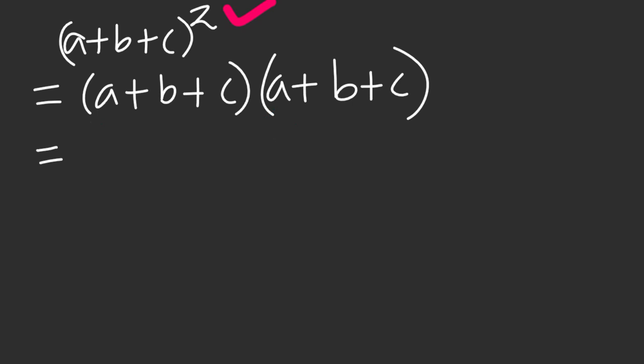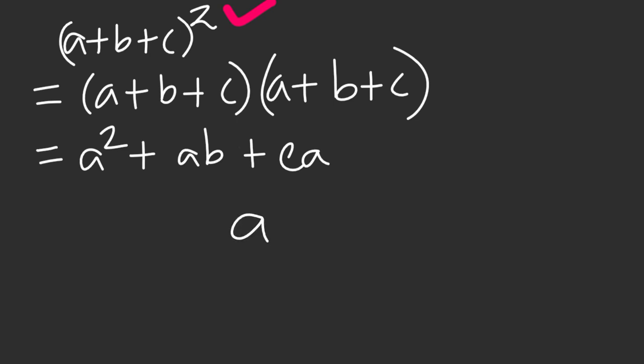A into a square, a into b, ab, a into c, ac, but I will write ca. I always follow the symmetrical order, and you also follow, things will become more easier. That means a, then b, then c. From a to b, then b to c, then c to a. Write it that way. All formulas will become easier to remember.